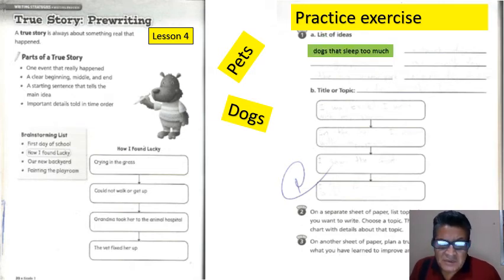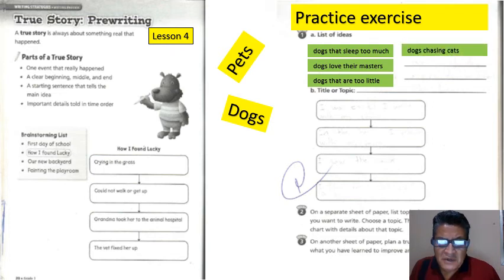There are dogs that sleep too much. Maybe you have one of those. There are dogs that love their masters. Very nice dogs. Dogs that are too little. You know, the Chihuahua kind of those. Dogs chasing cats. Normally dogs love to chase cats. So I think all dogs do.